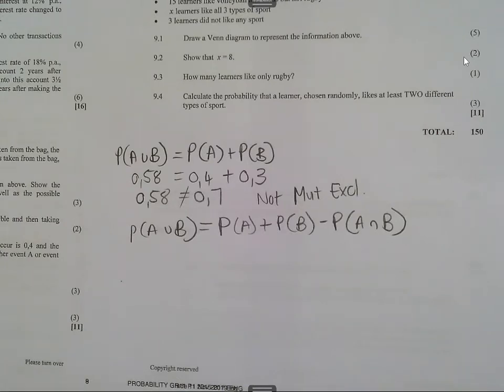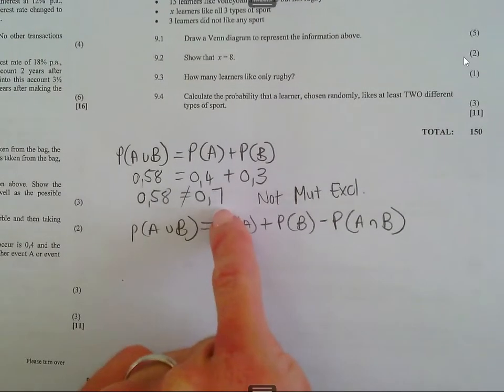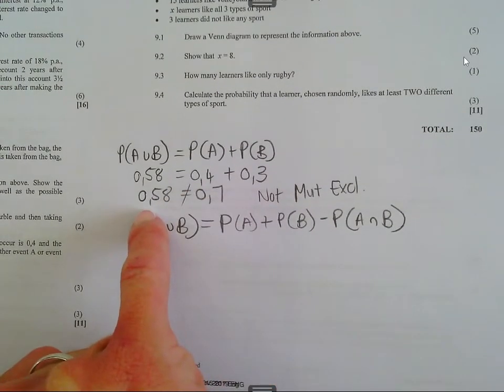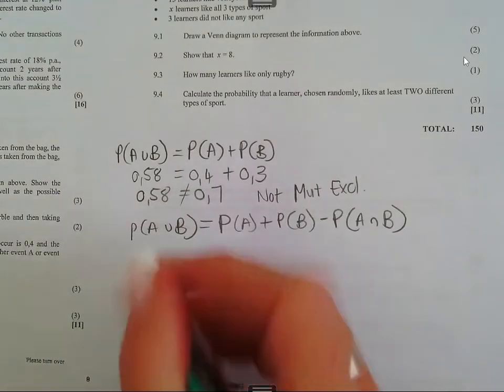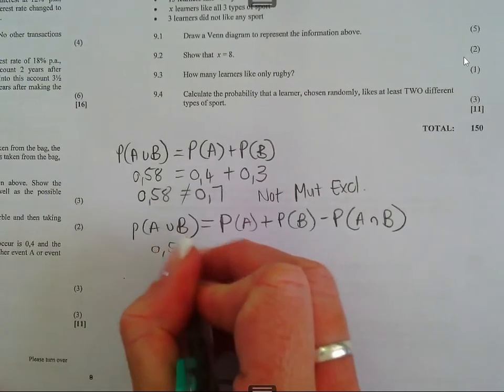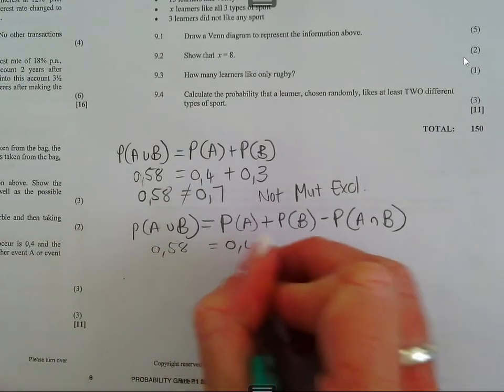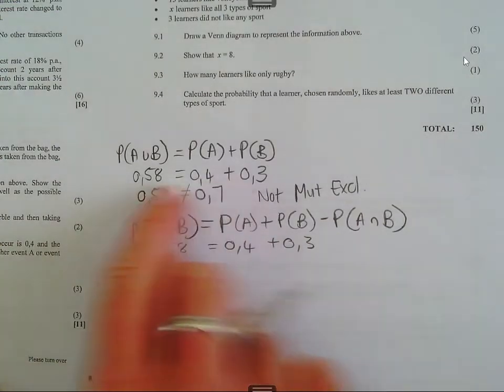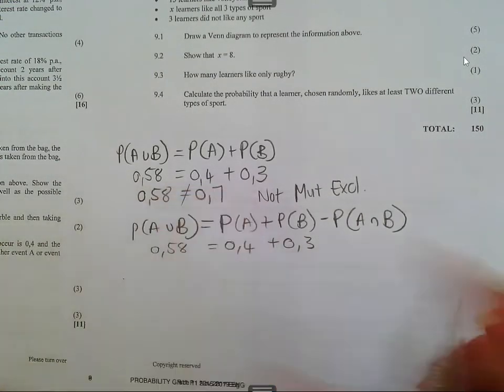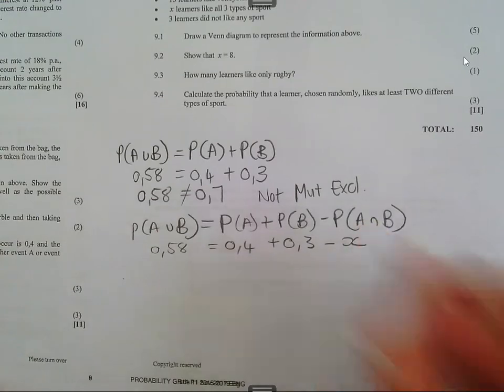So what must be subtracted from 0,7 to get 0,58? 0,12. That's how I knew right from the beginning it would be 0,12. But you can use the formal formula: 0,58 equals 0,4 plus 0,3 minus x.